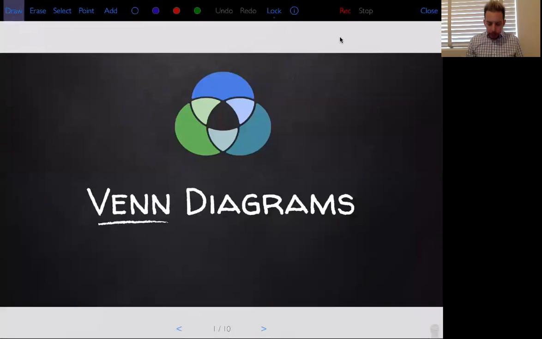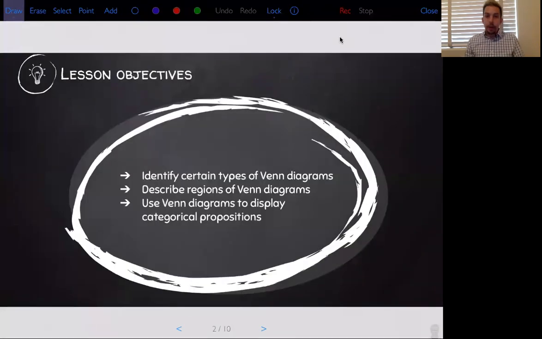Okay, and so this section is going to be all about Venn diagrams. Again, Venn diagrams are going to tell us all the information and how to organize it. In this section, we're going to have to identify the certain types of Venn diagrams that I mentioned previously. We're also going to look at the different regions and make sure that we're able to describe them.